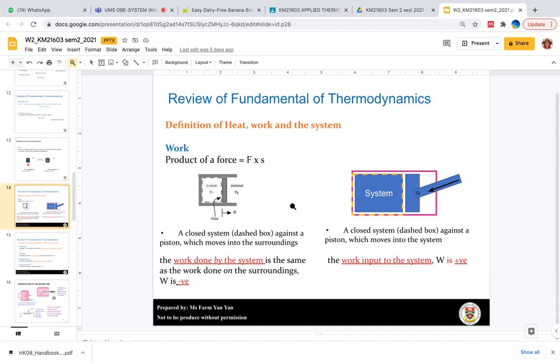So the work done by the system itself is negative, but if you supply energy to the system, the work input to the system, so the work is positive.